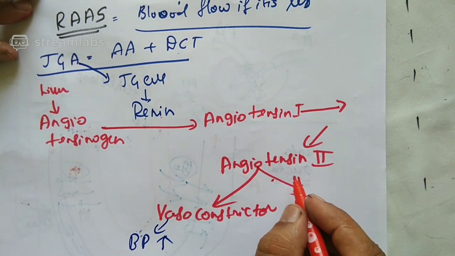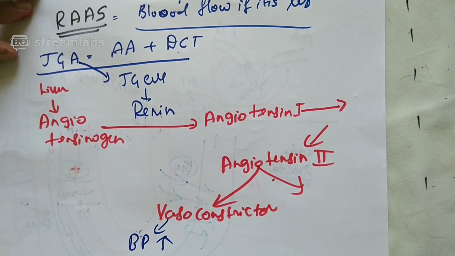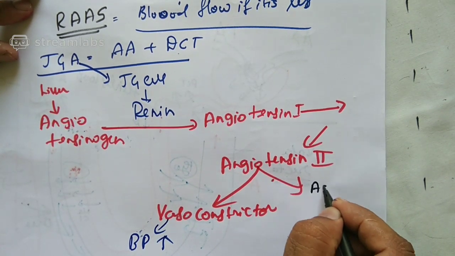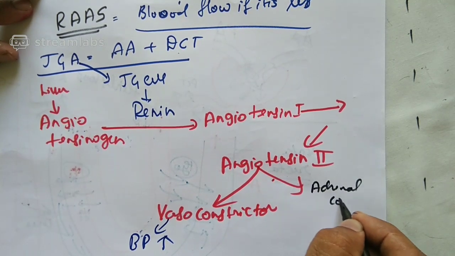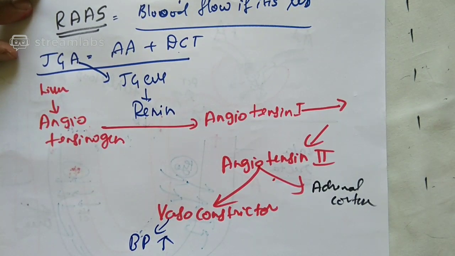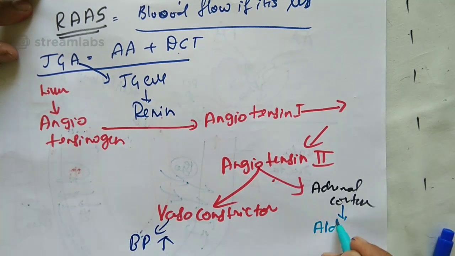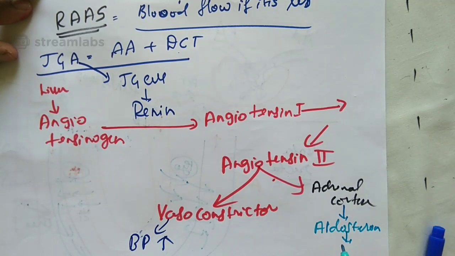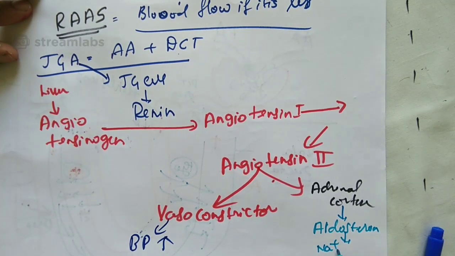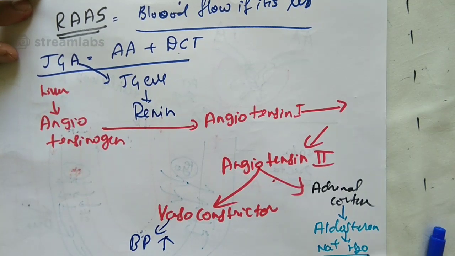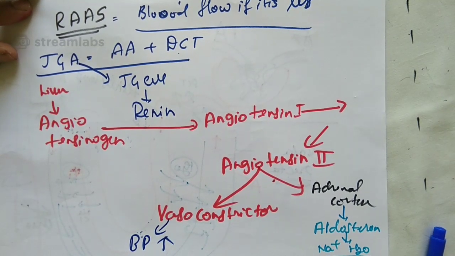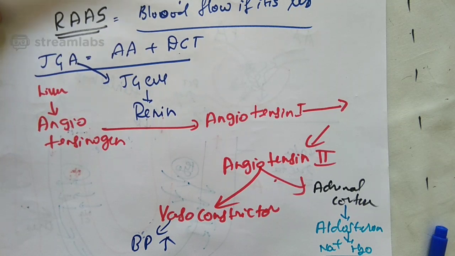Another way, angiotensin 2 can act on the adrenal cortex, and the adrenal cortex forms a hormone called aldosterone. And as aldosterone is produced, it can make a reabsorption of sodium and water, and once again blood pressure increases. So it increases blood pressure in two ways.